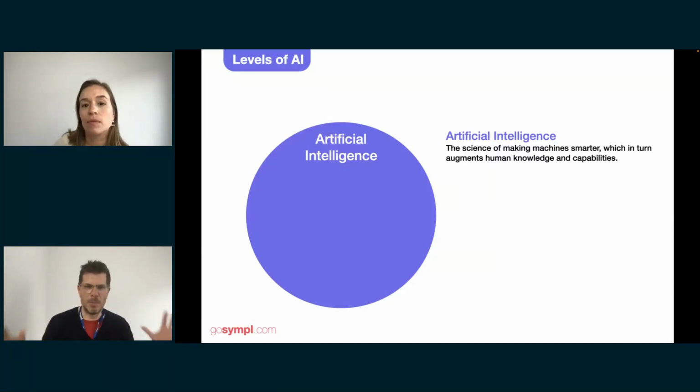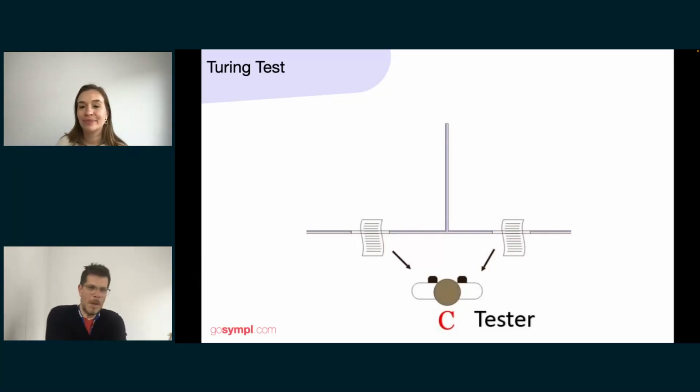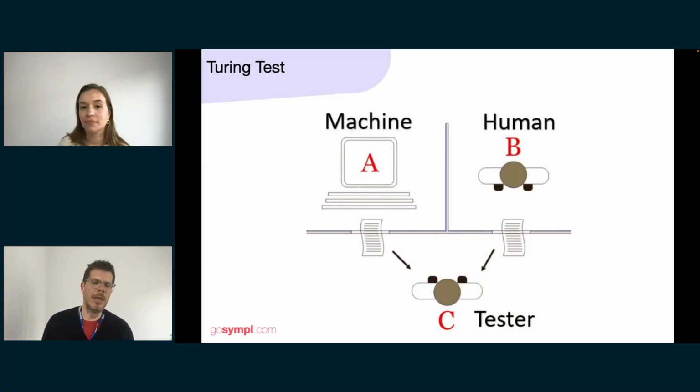Now, everybody has been talking about the rise of the machines, artificial intelligence, robots becoming as smart as people, and maybe some of you have heard about the famous Turing test, named after Alan Turing, one of the builders of the computer and the ideas behind the computer. The idea would be that you would have a human tester who communicates on paper or through writing with either a machine without being able to see the machine, and with a human without being able to see the human.